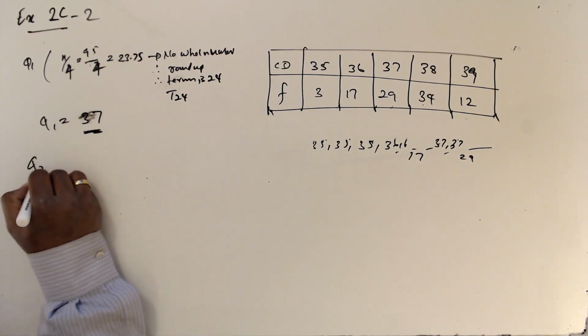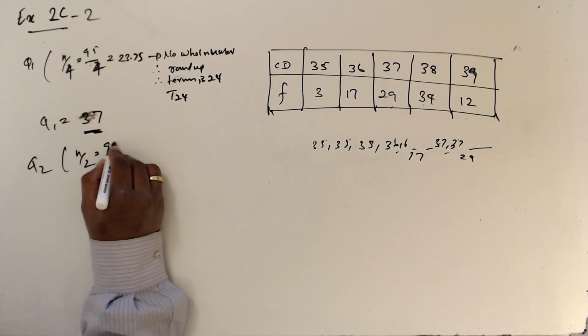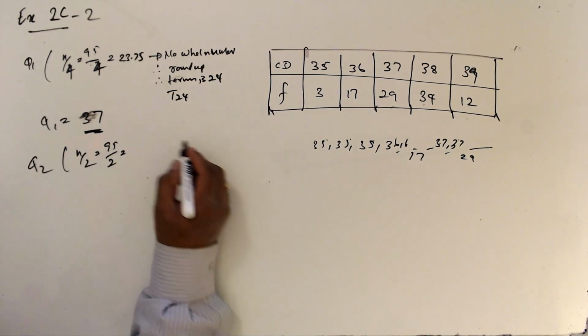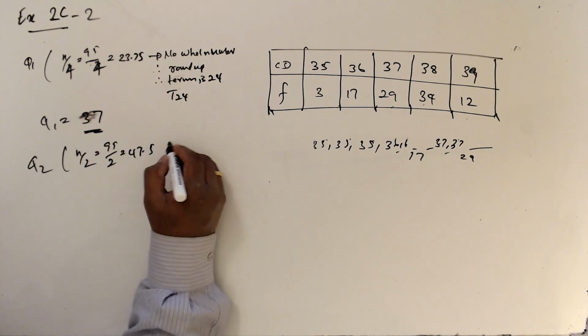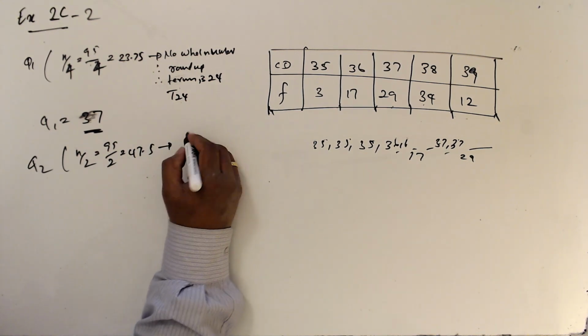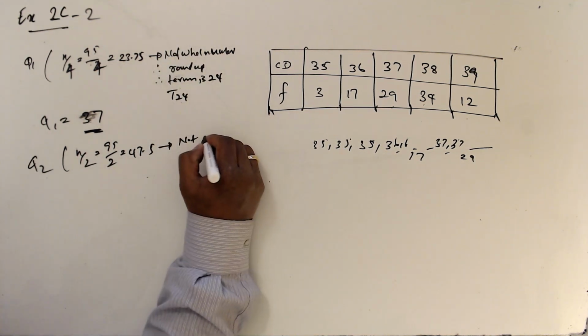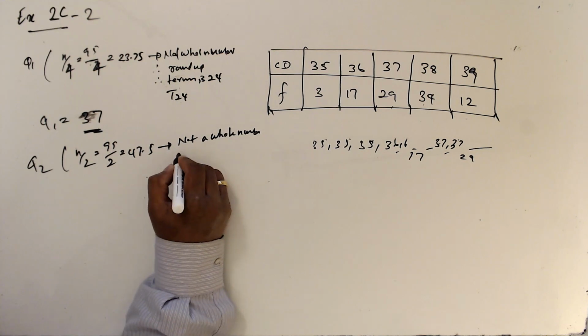And for Q2, n divided by 2, that is 95 divided by 2, that is 47.5. It's not a whole number, hence round up.